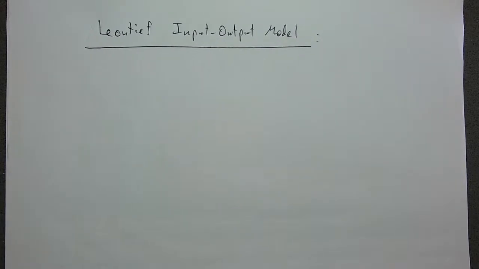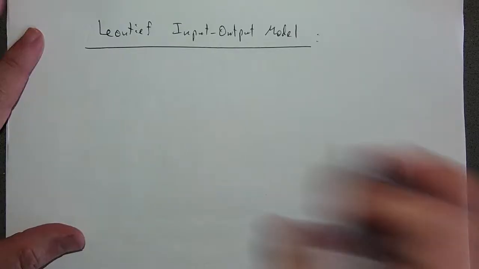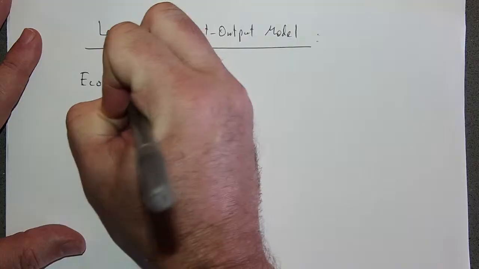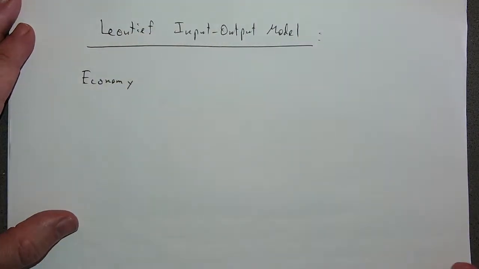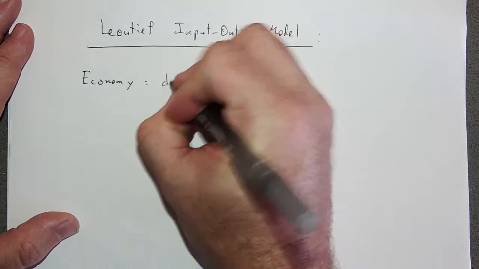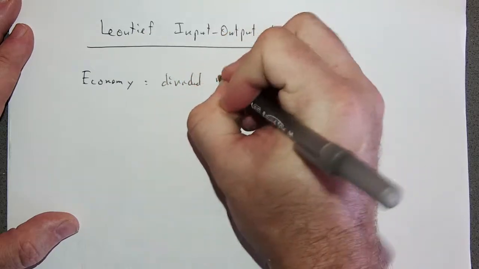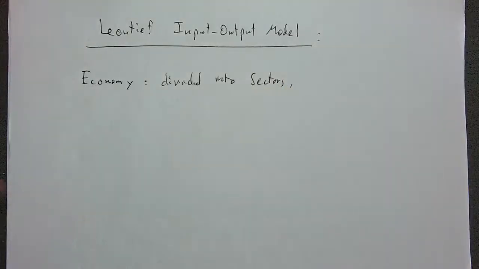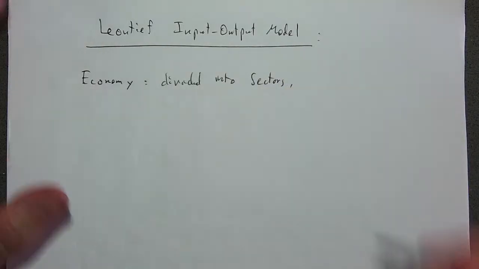What is the approach here? The approach is we're modeling an economy. The economy is divided into sectors, and each sector produces a product.